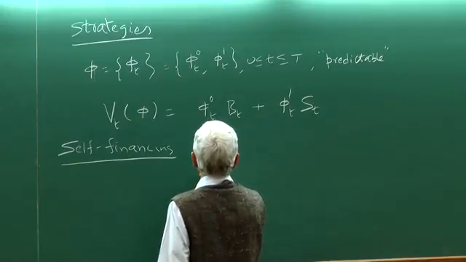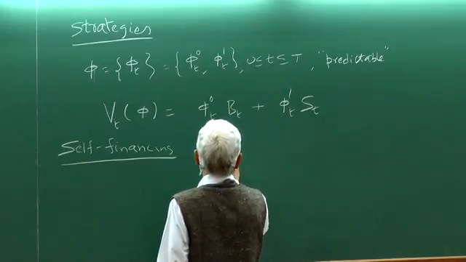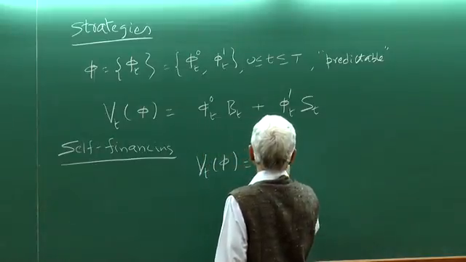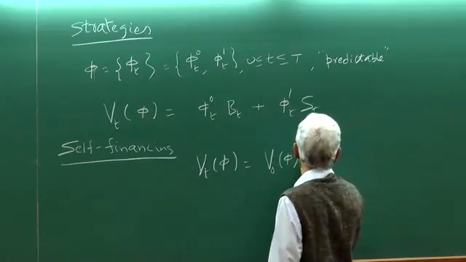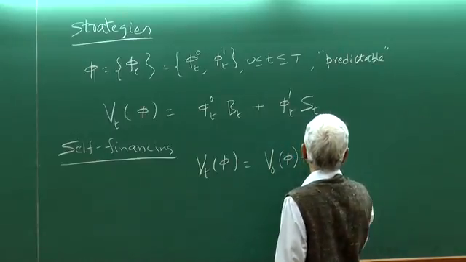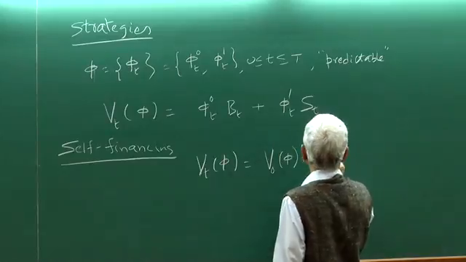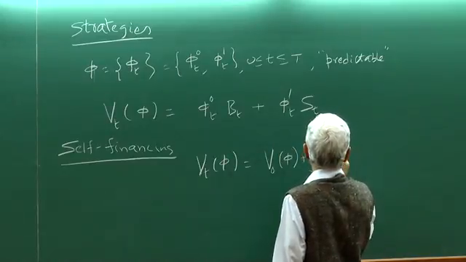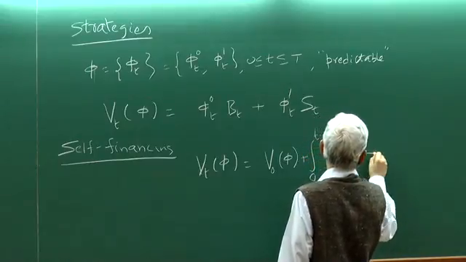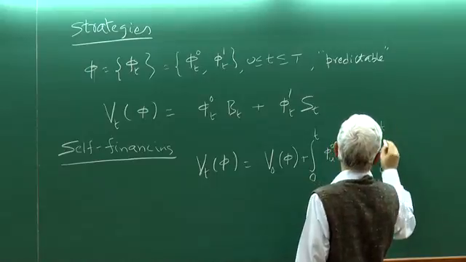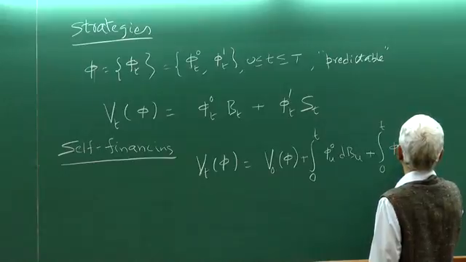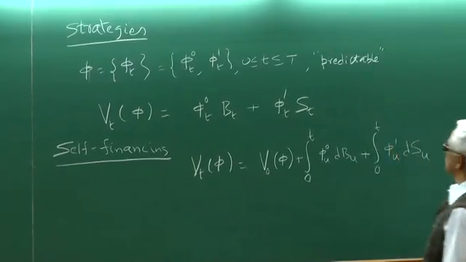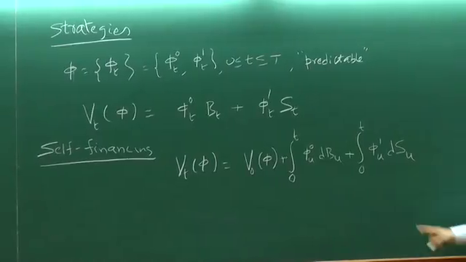So this is the definition. V t of phi must be equal to V 0 of phi plus the integral from 0 to t of phi 0 of u dB u plus the integral from 0 to t of phi 1 of u dS u. Why is this so?